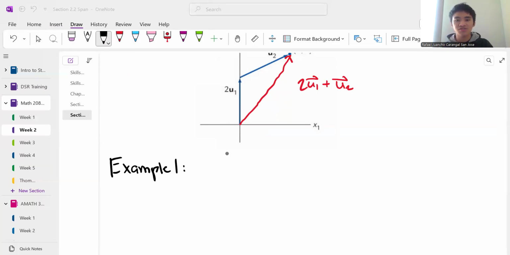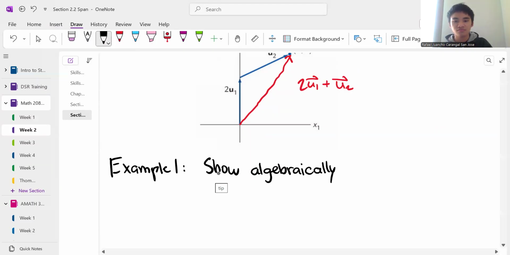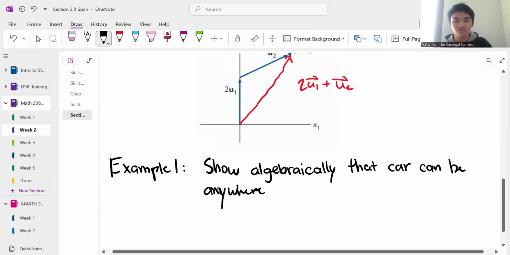So let's show algebraically that this thing can actually reach any position in R2. So here's more of a showing thing. That car can be anywhere in R2.